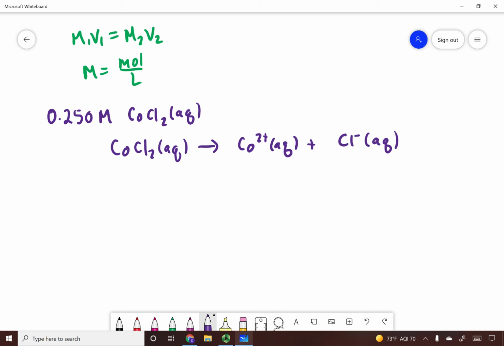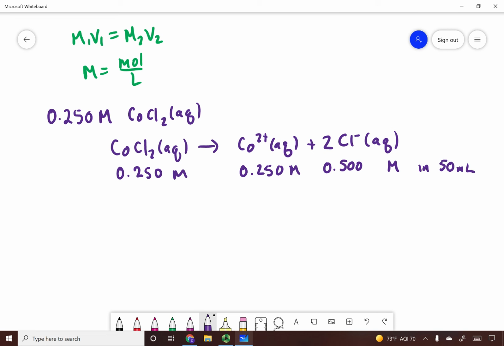But if we look at how this breaks up, there are 2 chloride ions per cobalt. So I'm going to generate 2 chloride ions when this breaks up and I dissolve the salt. So if the bottle is labeled 0.25 molar, that means I will generate 0.25 molar cobalt ions, but since chloride is in a 1:2 ratio, that means I'm going to generate twice as much chloride, so this becomes 0.5 molar. Now remember, all of this is in 50 mL.